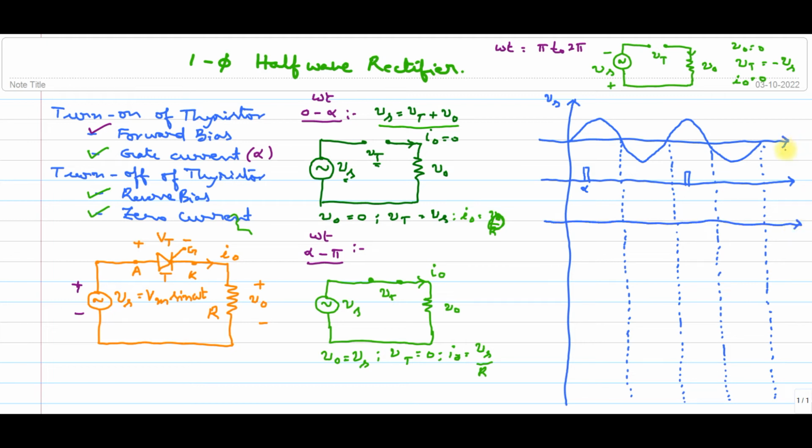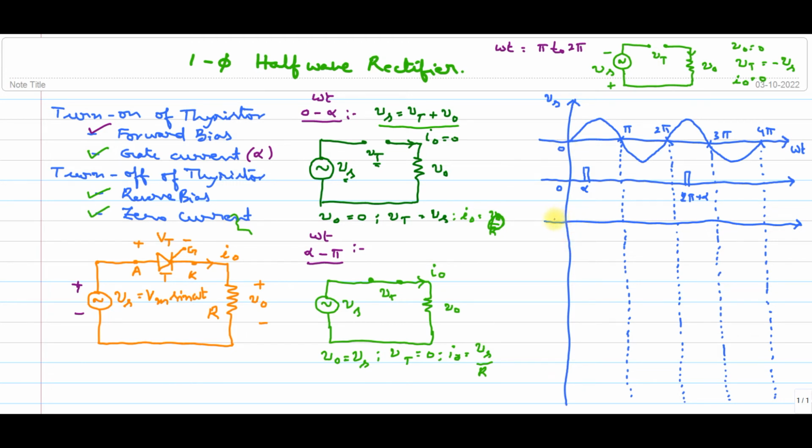This is omega t everywhere, and as you know this is pi, this is 2 pi, this is 3 pi, and this is 4 pi. First you should be clear like this, and this is alpha. Once this part is there, this is called 2 pi plus alpha. This clarity is very much required for everything.